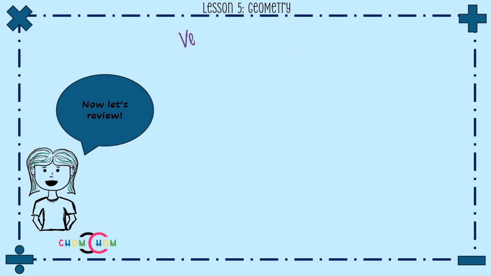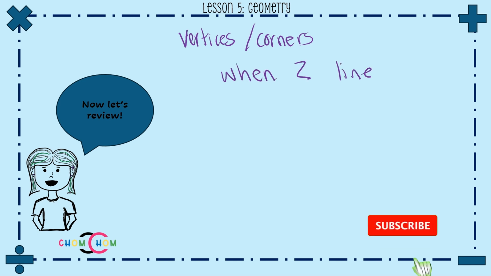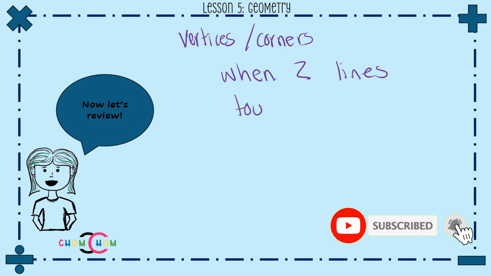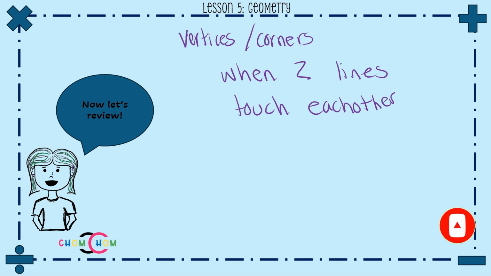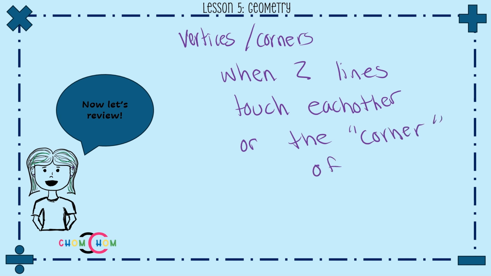Now, let's review. So first we have vertices, or corners. When 2 lines touch each other, or the corner of a shape.